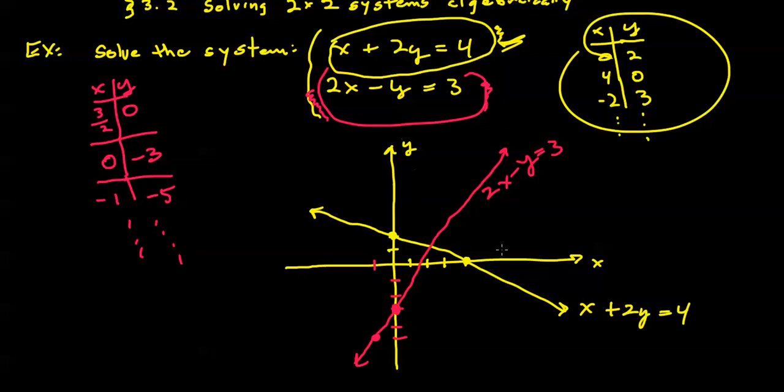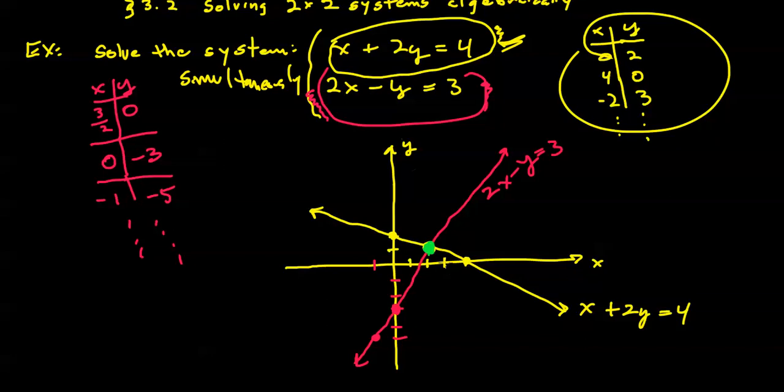Alright, so all these points in this pink table lie on this pink line. And what I can see is each equation has infinitely many solutions, and I'm going to try to solve the system simultaneously. That means to find a point that solves both equations. And of course, that's going to be the point of intersection of those two lines.